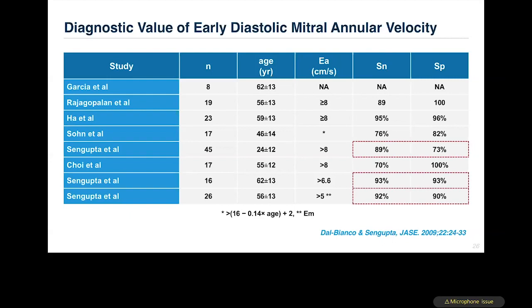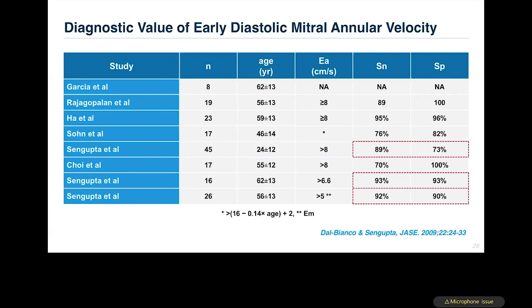If you see a very well preserved E prime velocity in a patient who has come with right heart failure, or you're suspecting constrictive pericarditis, then you know that this patient likely has some constrictive physiology going on. So if you see a normal or high normal E prime velocity in a patient with heart failure, pause and think about constriction.